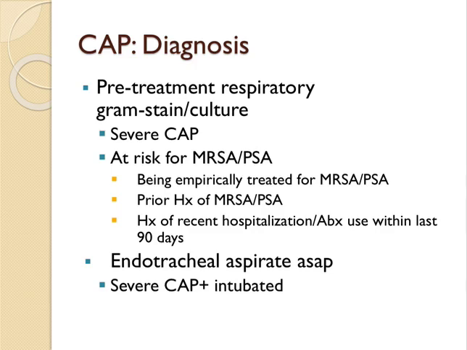The prior literature showed that in patients, especially in the outpatient settings and in patients with non-severe pneumonia, whether you pursue microbiologic diagnosis or not does not change outcomes. Based on that, the panel made recommendations to pursue sputum culture analysis in patients with severe CAP and patients that are at risk for MRSA and Pseudomonas.